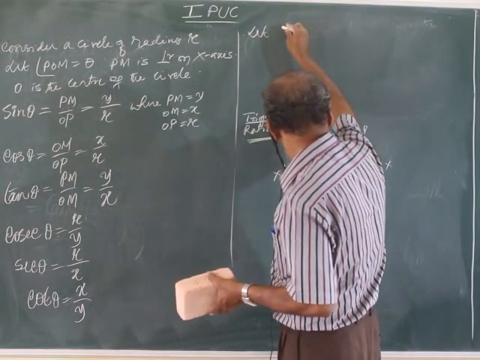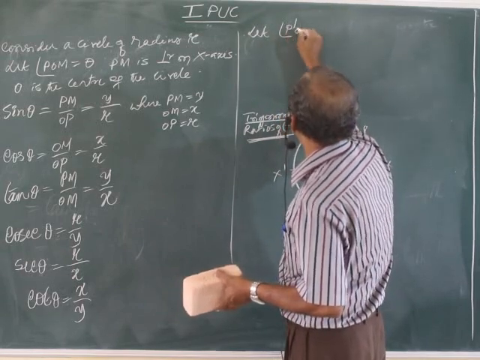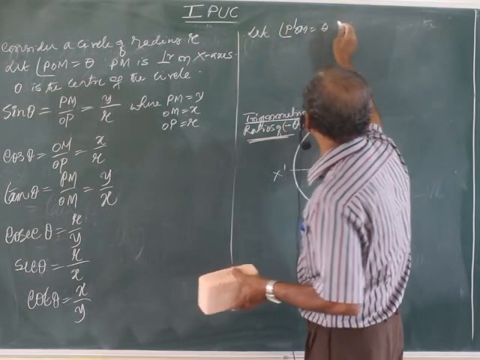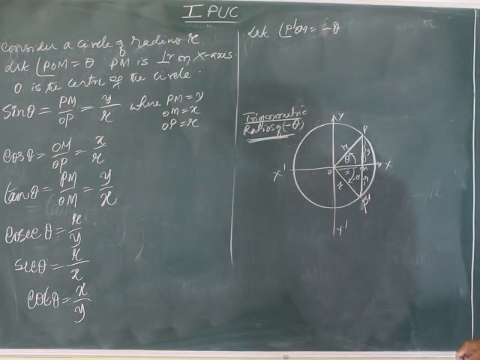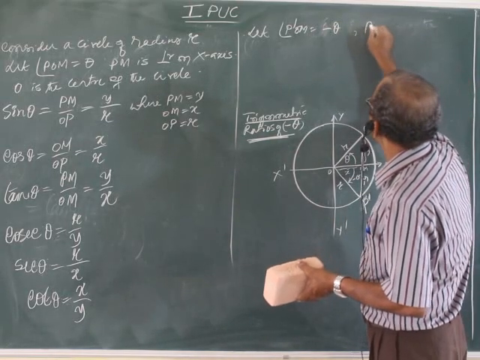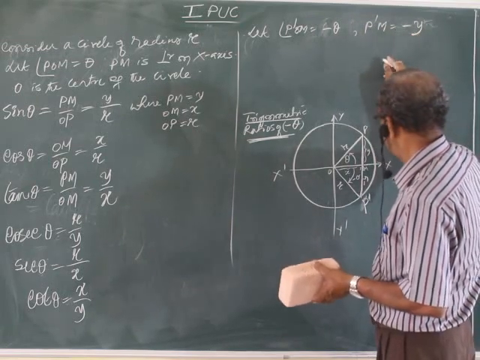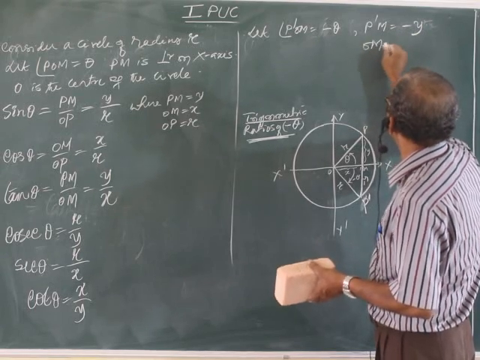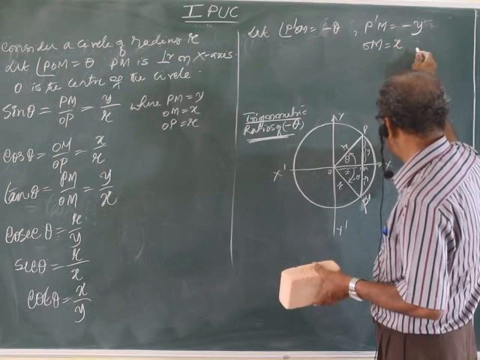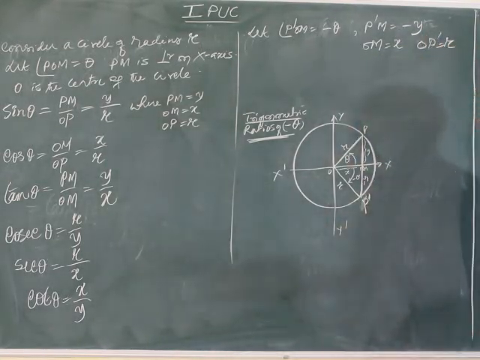Let angle P dash OM equal theta or minus theta, and P dash M equal to minus Y. Next, OM as it is, OM equal to X, no change. OP dash equal to once again radius R.